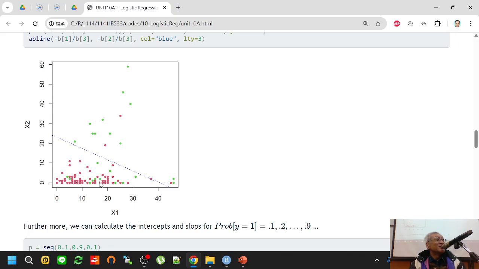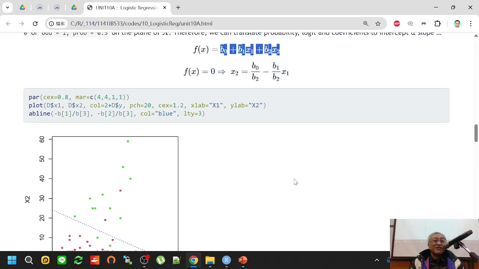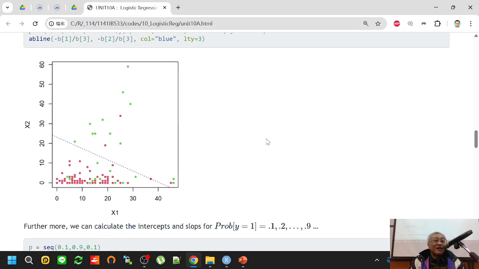So when the model estimates these coefficients, basically it is trying to find a straight line like that can divide y equal to 1 and y equal to 0 as accurately as possible.